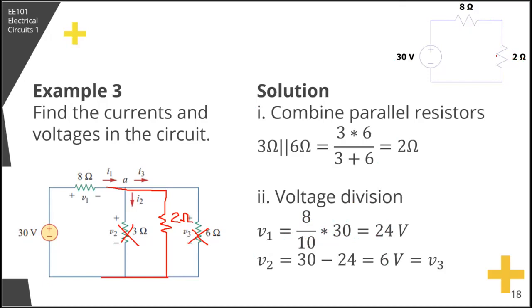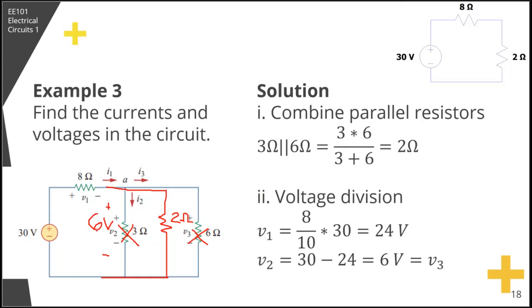Unya kini si 2 ohm, 6 volts. Di ba ang equivalent resistance ni sa 3 ohm ug 6 ohm? Kung ato nang ibalik sa katong 3 ohm ug 6 ohm, okay?